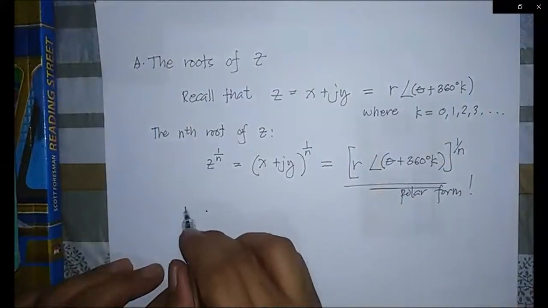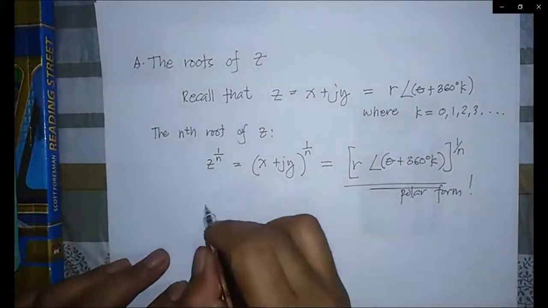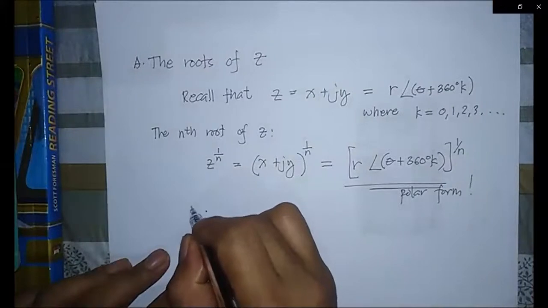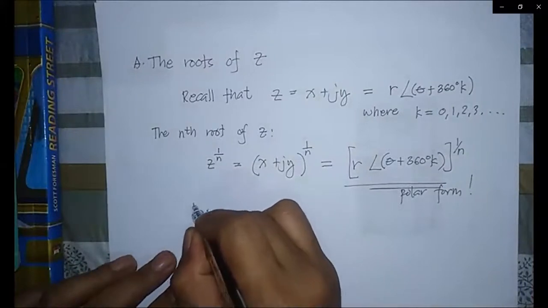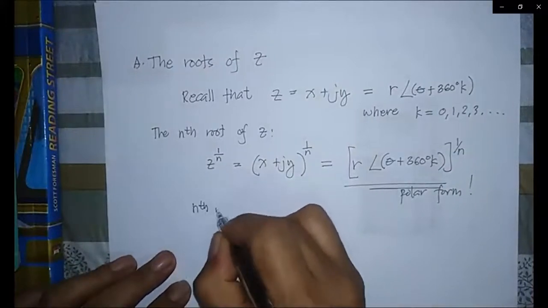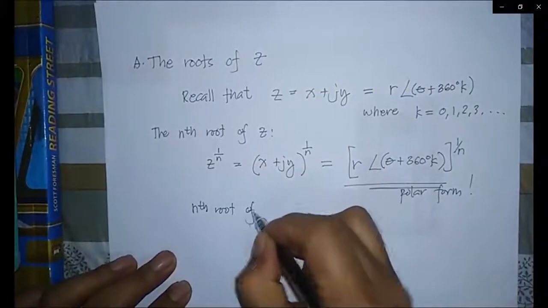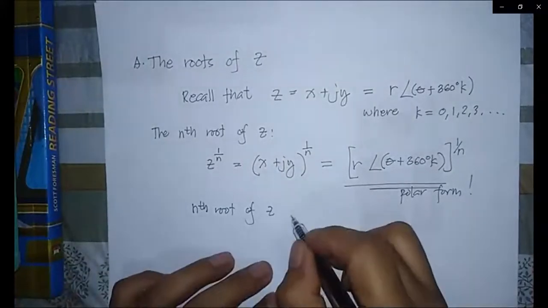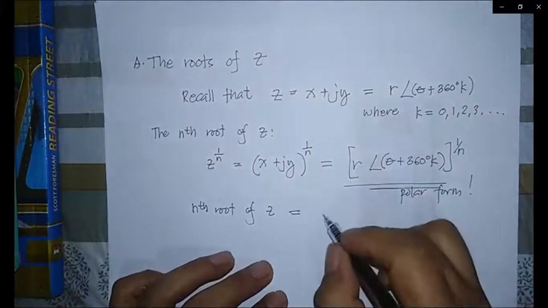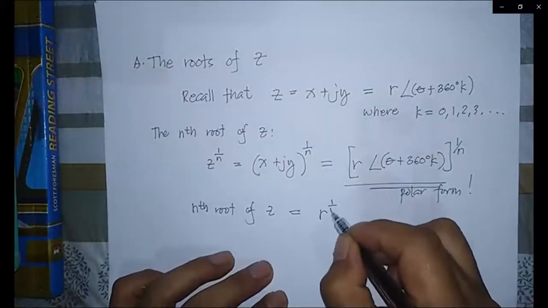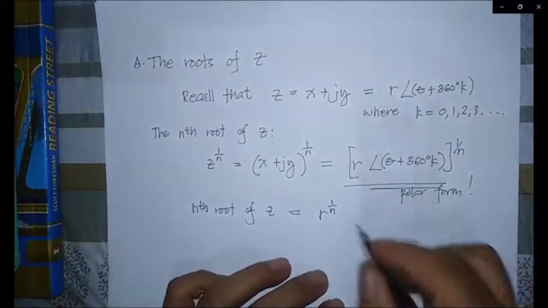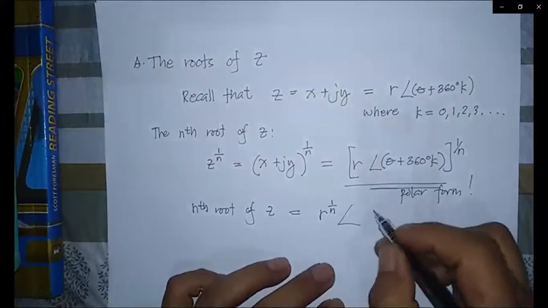Now, the nth root of Z can be solved using, if you distribute the power, r raised to 1 over n, angle of, what will happen to the angle?